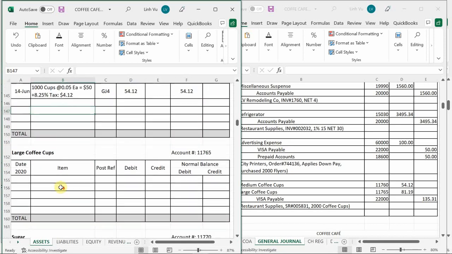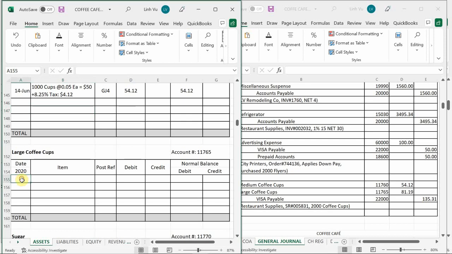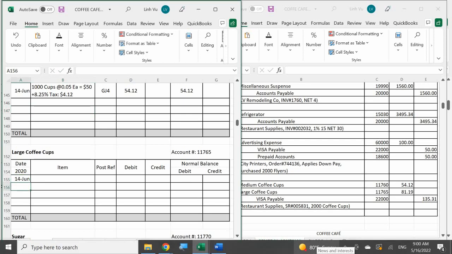Okay. Medium or large cups here, right? We have to say that we purchased 1,000 cups at basically 7.5 cents, which gave us $75, plus 8.25% tax, which gave us $6.19.